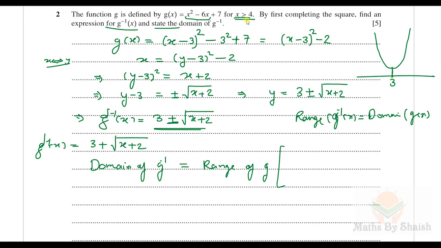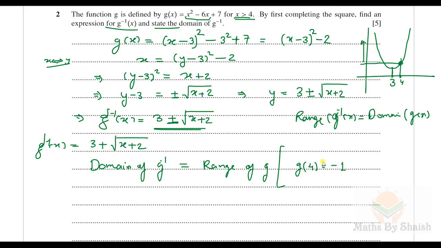Since the domain starts from greater than 4, this is going to be the 4, and the range, which we measure on the y-axis, would be above that. We require this point, and we get it at x = 4. So g(4) we calculate: it is 1² − 2, that is −1. So this is the range.